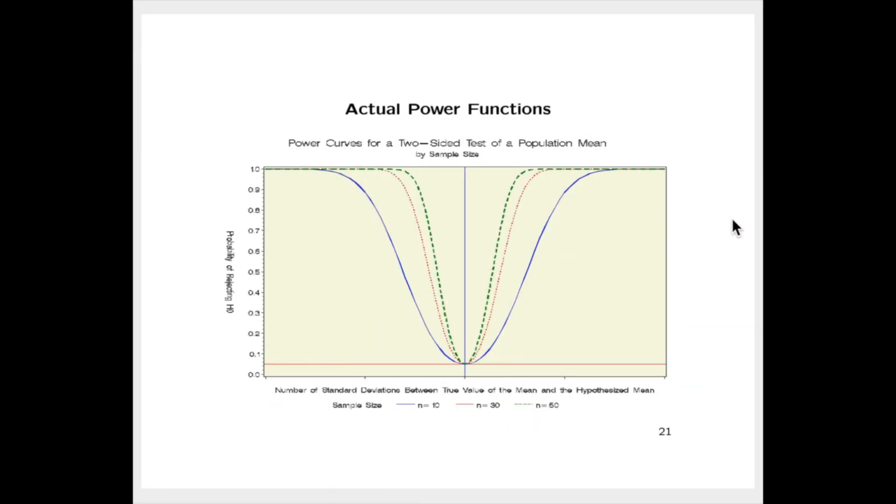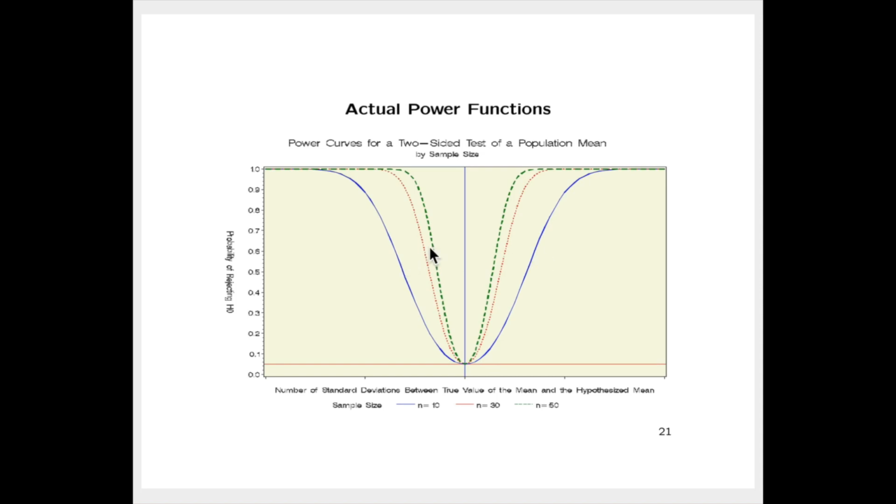So here is a graph of 3 actual power curves based on 3 different sample sizes. The blue curve corresponds to a power function for a sample size of 10. The red curve corresponds to a sample size of 30, and the green curve corresponds to a sample size of 50.